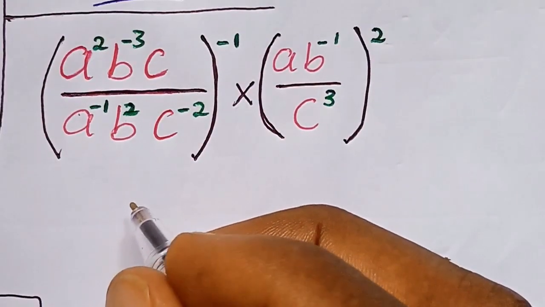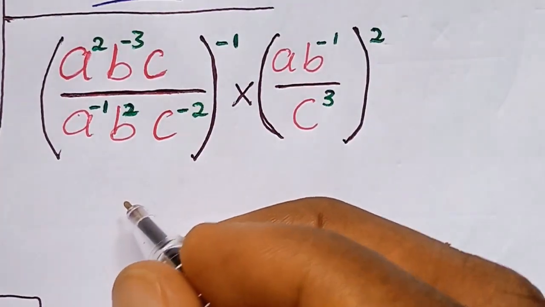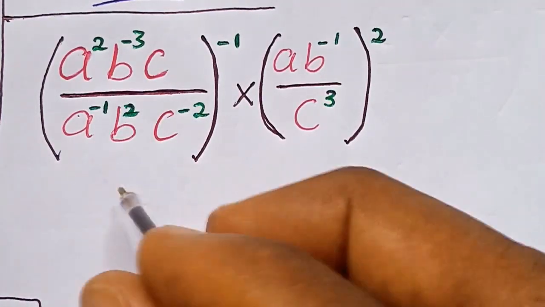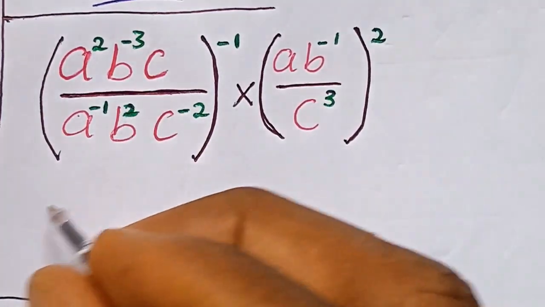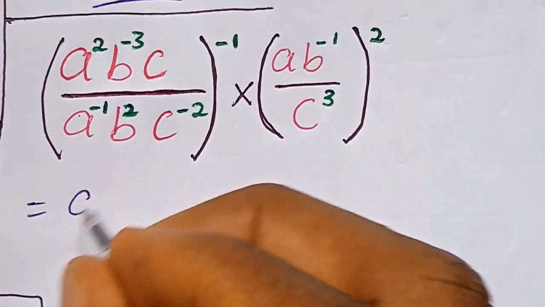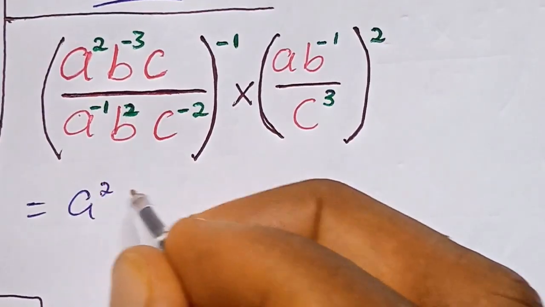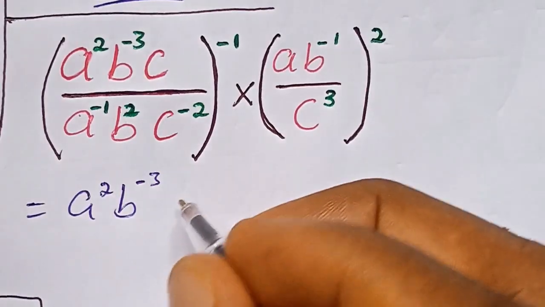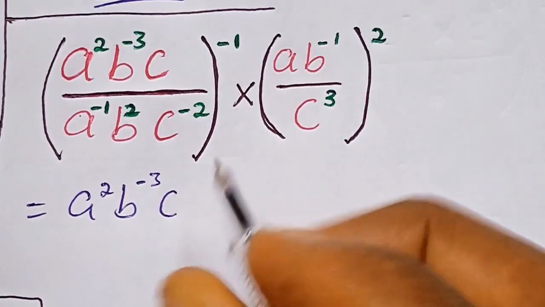So looking at this expression, we can simplify this. To do this, we start with a raised to power 2, b raised to power minus 3, c.